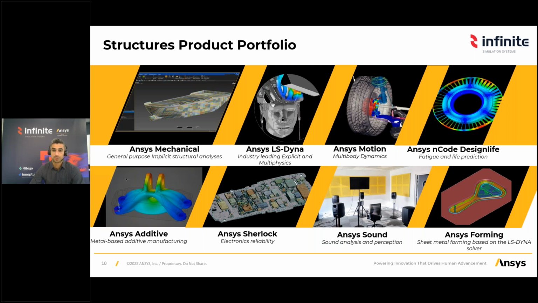Ansys has also introduced a rotor dynamics module inside Ansys Mechanical, which is quite interesting, I think, for companies that are dealing with rotor dynamics applications, but also in terms of composites, thermal simulations, metal additive manufacturing with Ansys Additive. Some nice improvements over there.